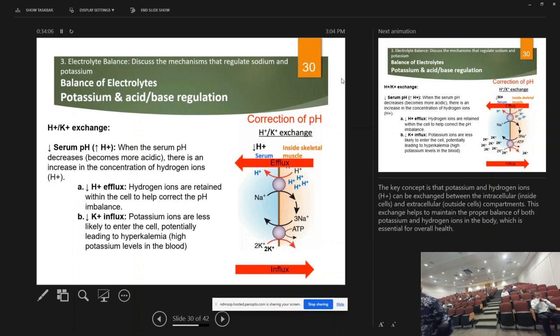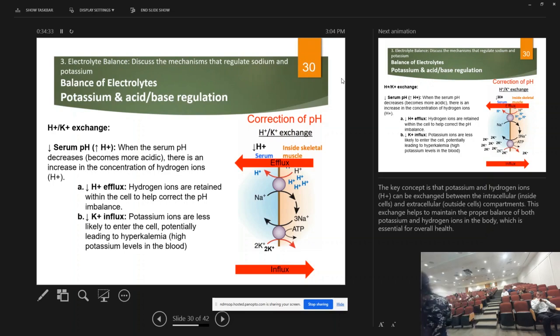So you slow down the pump. In the previous case you were making the pump work faster. Here, the pump is not working, it's slowed down, because it wants to reduce the proton. So how do you reduce the proton? By not dumping in proton. So it slows down. As it slows down, this pump will also slow down, right?